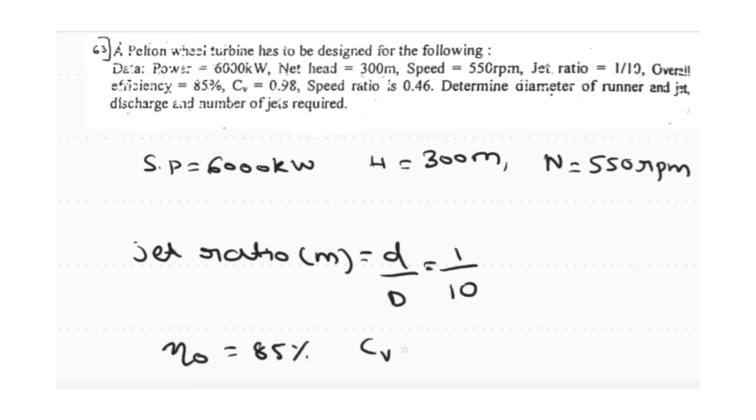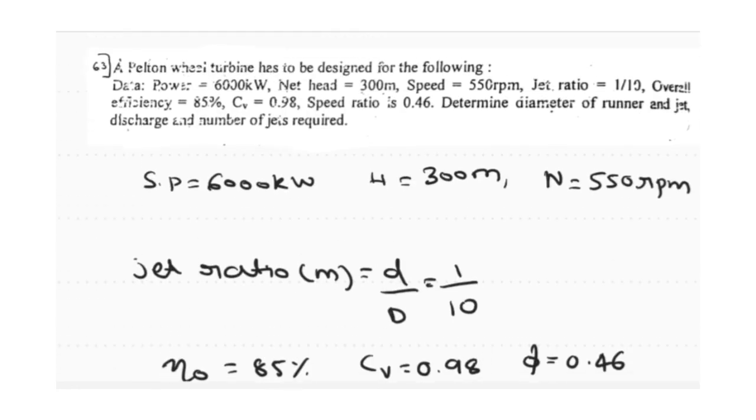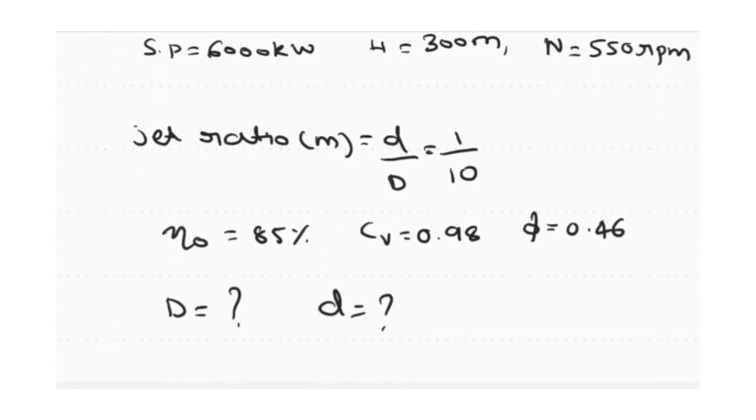Cv is equal to 0.98. Speed ratio phi is equal to 0.46. So you should calculate diameter of wheel or runner, diameter of jet, and number of jet, which is the question mark.